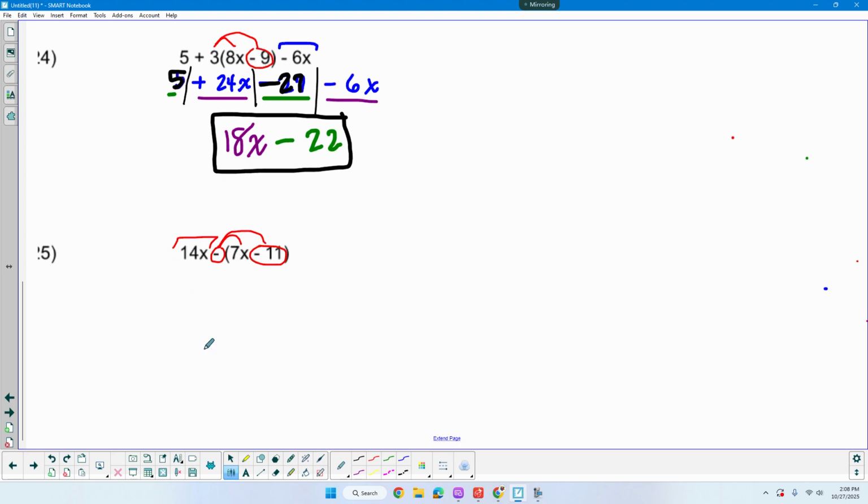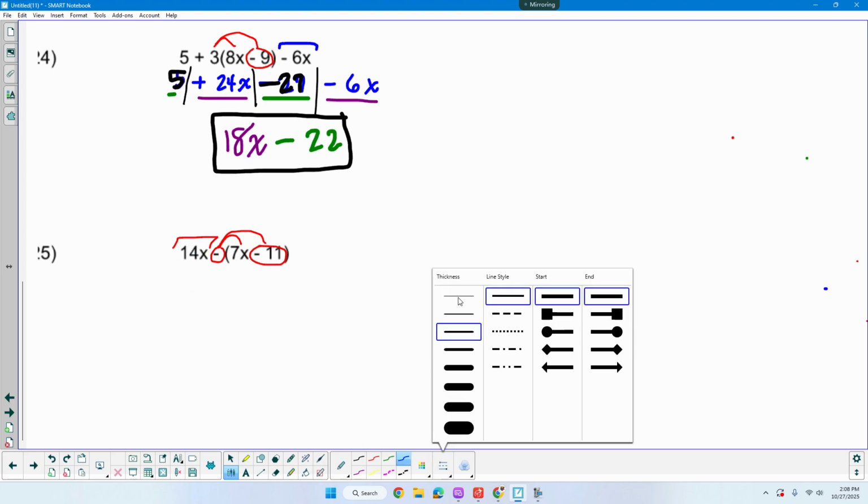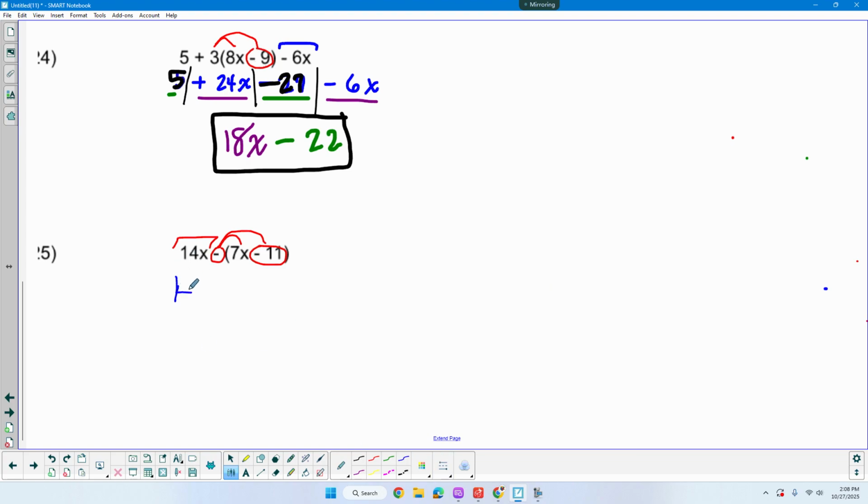So I'm going to bring down the 14x because that has nothing to do with the distributive property. I haven't done anything involving the 14x yet, so it just comes on down. And then this is minus 7x plus 11. I distribute that negative sign to each of these, or like we talked about earlier, if you want to distribute this as a negative 1, I'm fine with that.